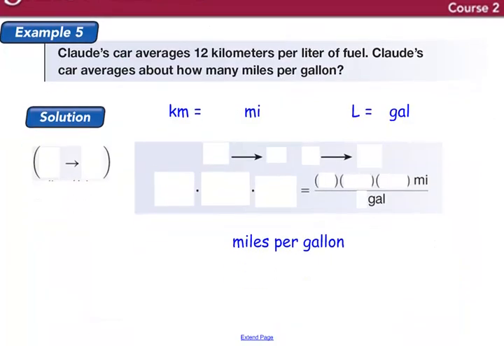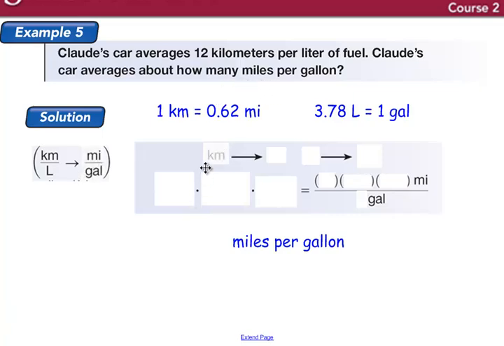Example 5. Claudia's car averages 12 kilometers per liter of fuel. Claudia's car averages about how many miles per gallon? So to recap, we know that there is 0.62 miles in 1 kilometer, and we know that 3.7 liters is equal to 1 gallon. So we will start with kilometers per liter, and we're going to go to miles per gallon.